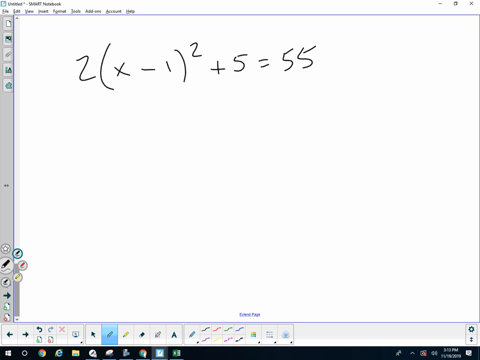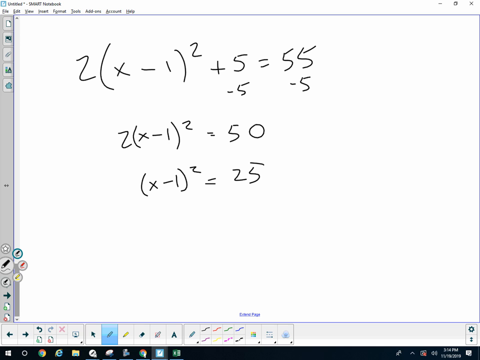So the problem is the square root, you didn't square root -2. We'll talk about that, though. It's a little bit more complicated than we think. I get 2 times (x minus 1) squared is equal to 50. You have the right idea, though. Everything's looking good. We then divide by 2 to get (x minus 1) squared equals 25.